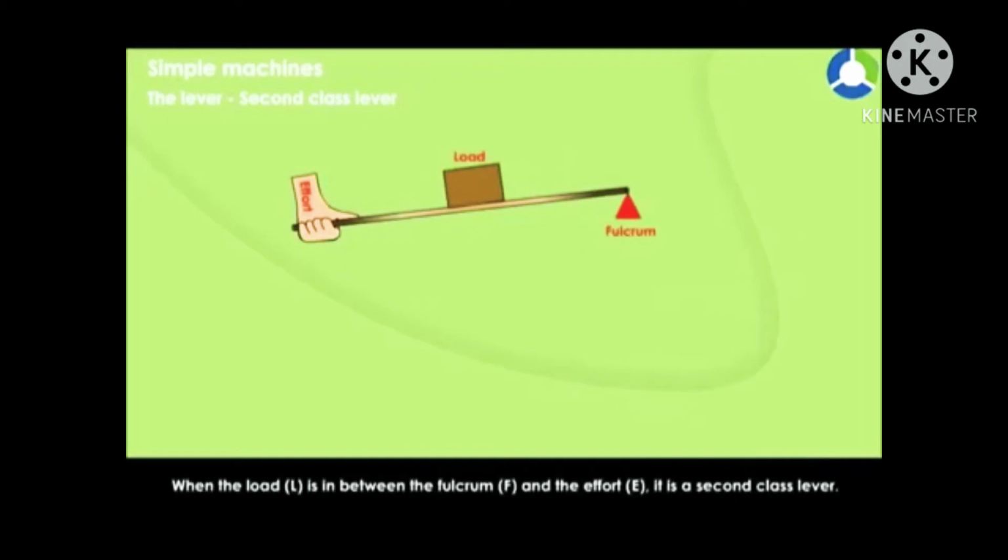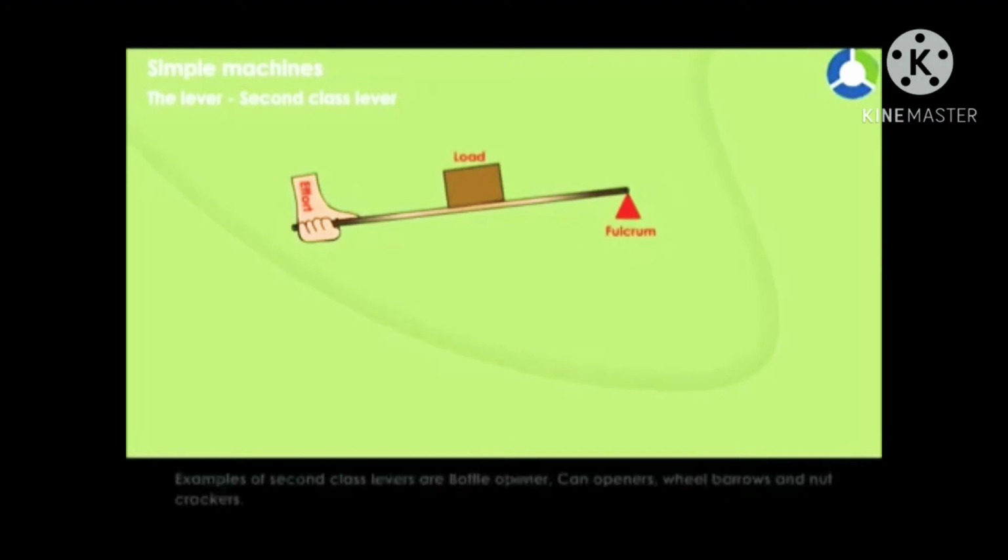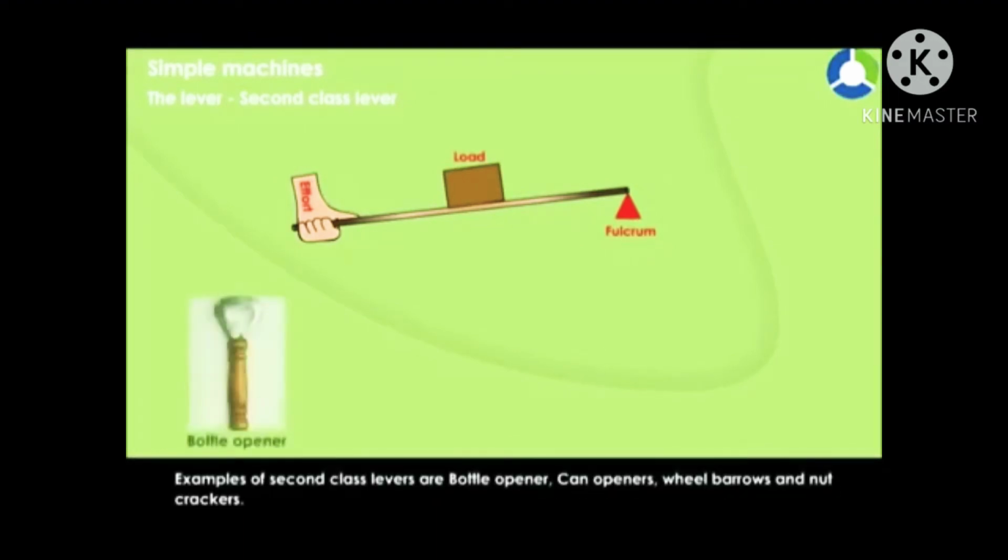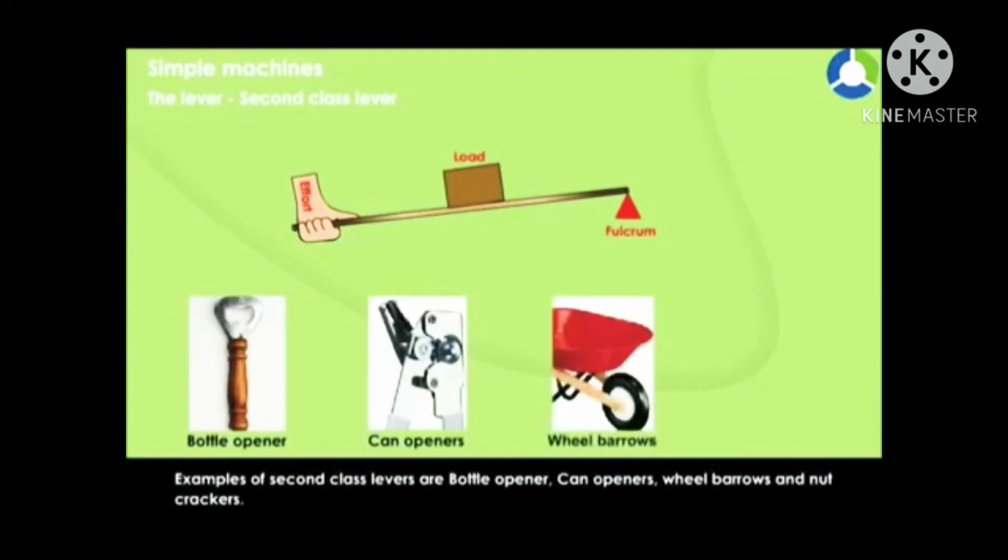Okay, students? Lever of the second order: when the load L is in between the fulcrum F and the effort E, it is a second class lever. Examples of second class levers are bottle openers, can openers, wheelbarrows, and nutcrackers.